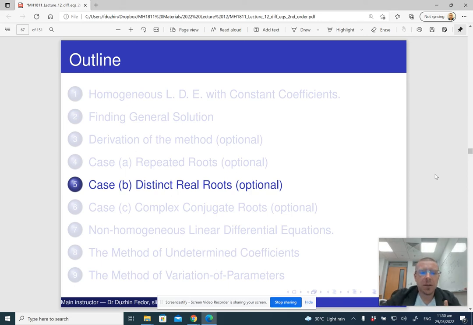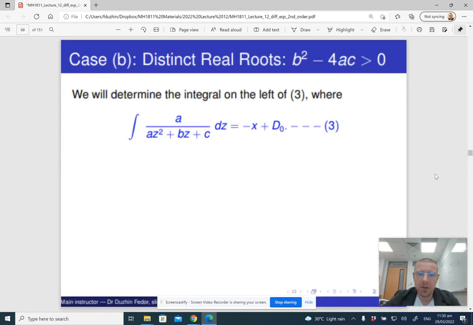Okay, so the second case that we need to consider is the case when the discriminant of the quadratic form is positive, which means that the quadratic form itself has two distinct real roots, right?